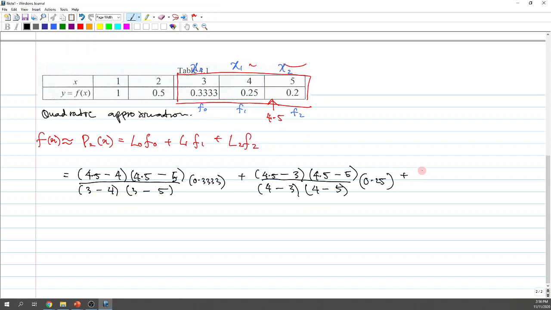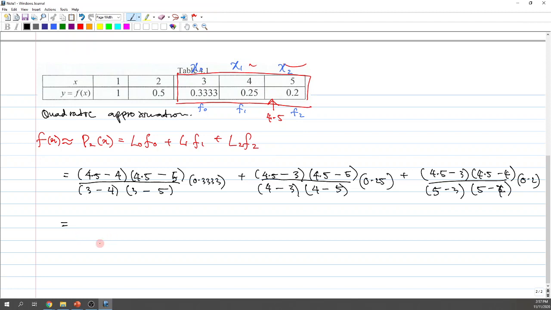The third is the same method: 4.5 minus 3, 4.5 minus 4, divided by 5 minus 3, 5 minus 4, times f2.